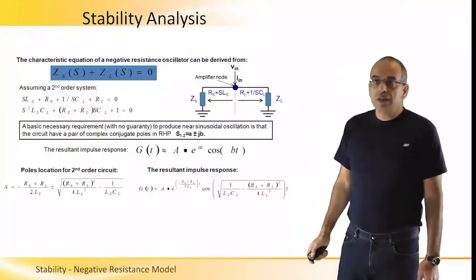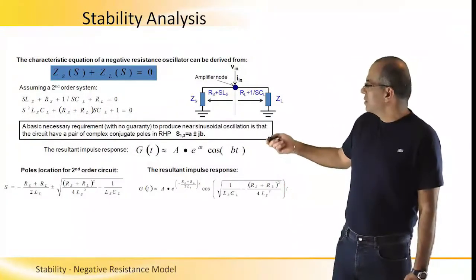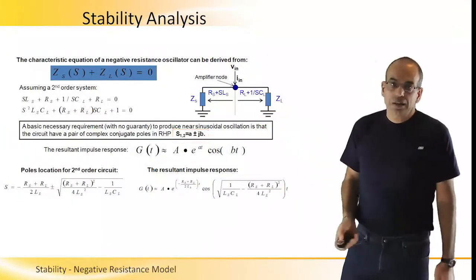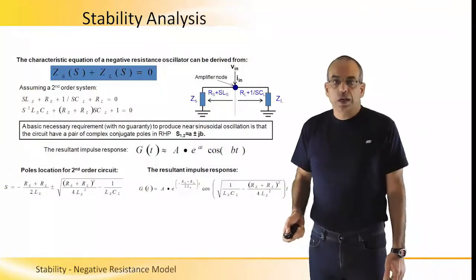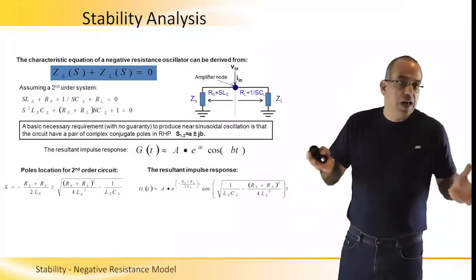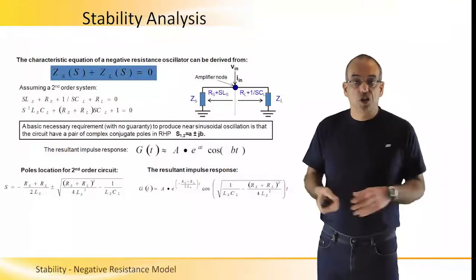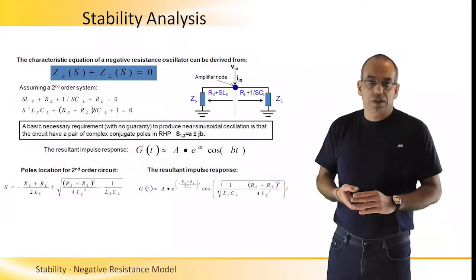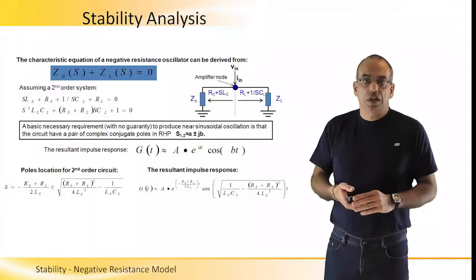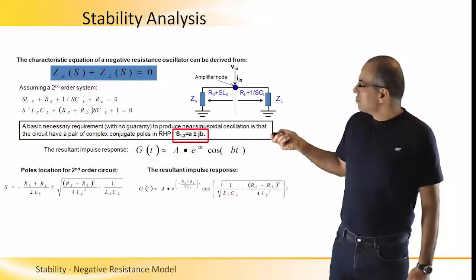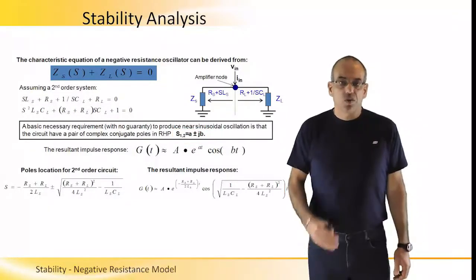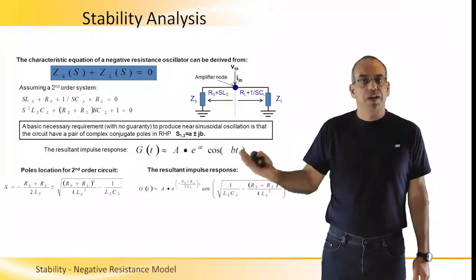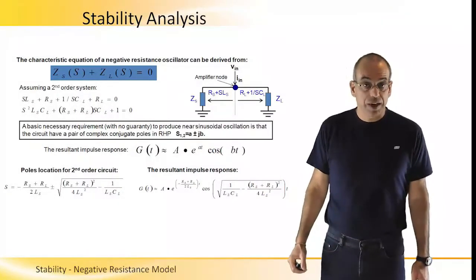If we look at the complex roots of this polynomial, we will find that S1,2 equals A plus minus JB. The basic necessary requirement for oscillations is that these poles will reside in the right half plane of the Laplace plane.